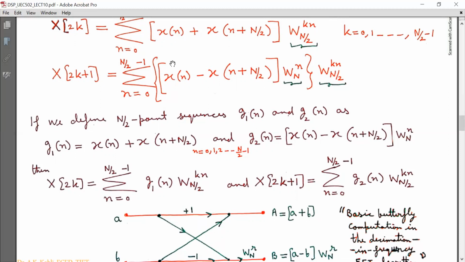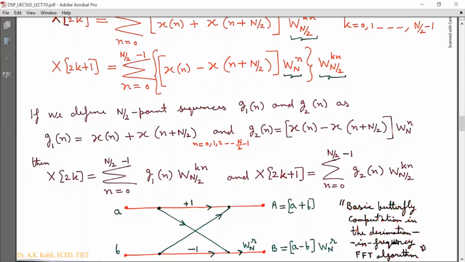So this term and this bracketed term form the basic butterfly computation in the decimation in frequency FFT algorithm.